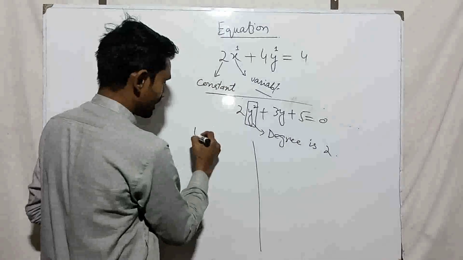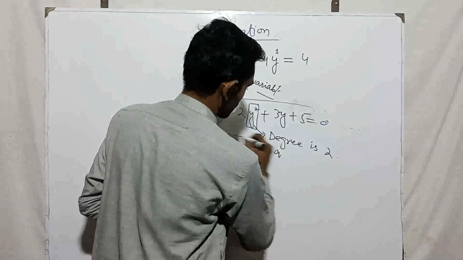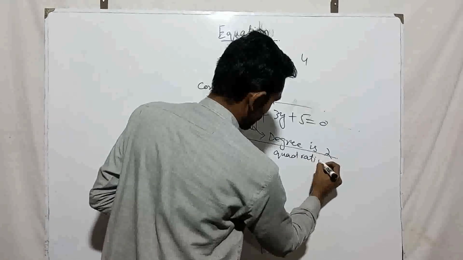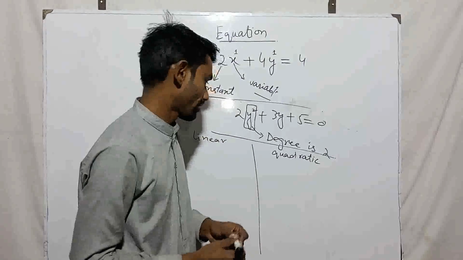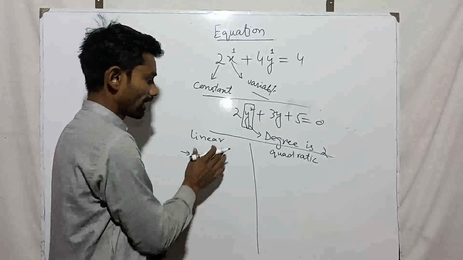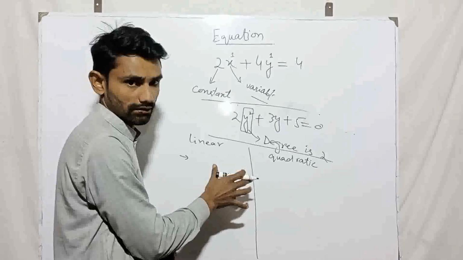There are two types: the first is linear and the second is quadratic. The linear equation only holds degree 1.